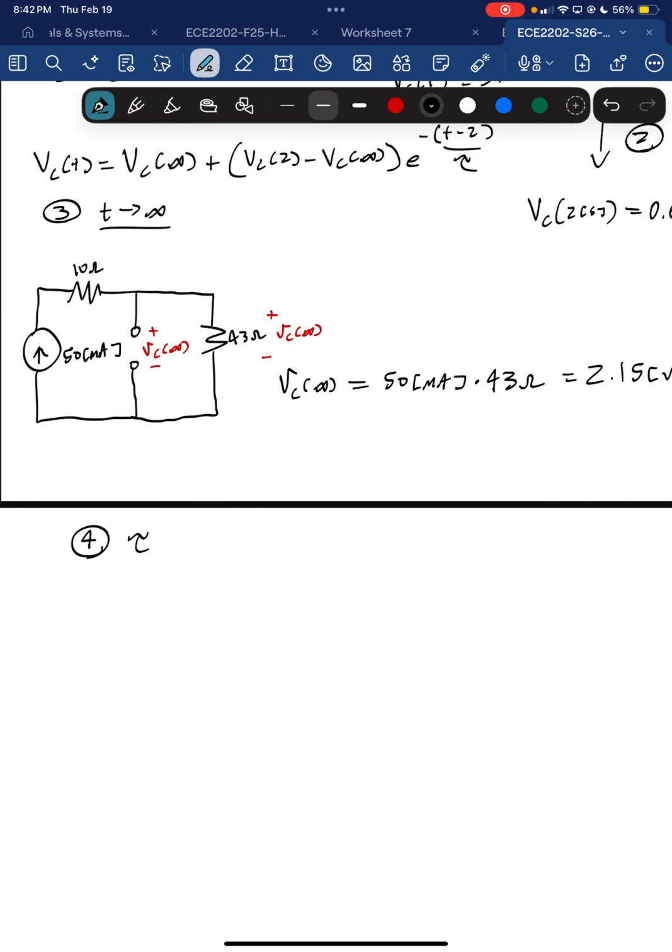Now we are going to redraw our circuit to find tau as seen by the capacitor. So we're going to replace the capacitor with terminals and find the Thevenin resistance as seen by those terminals.